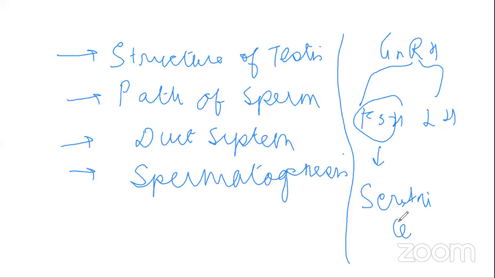So Sertoli cells are very, very important. And this LH binds to the interstitial cells, and that's why it is called interstitial cell stimulating hormone. Until this binds to the interstitial cell, testosterone is not going to be produced. In the coming classes, I will tell you about the hormonal control of spermatogenesis.